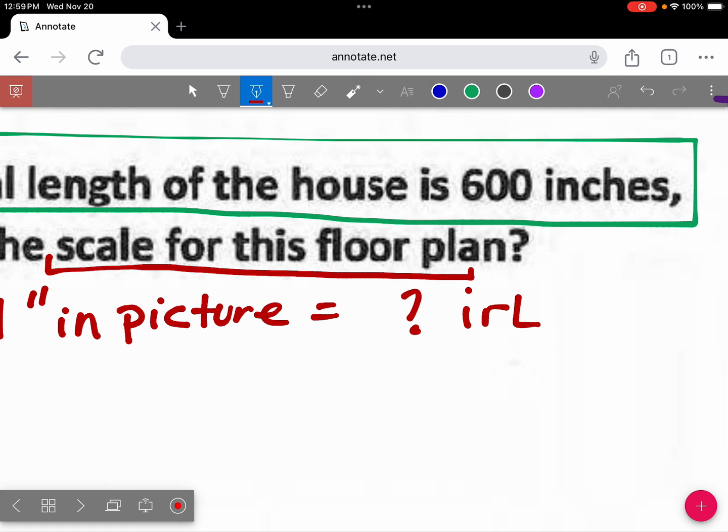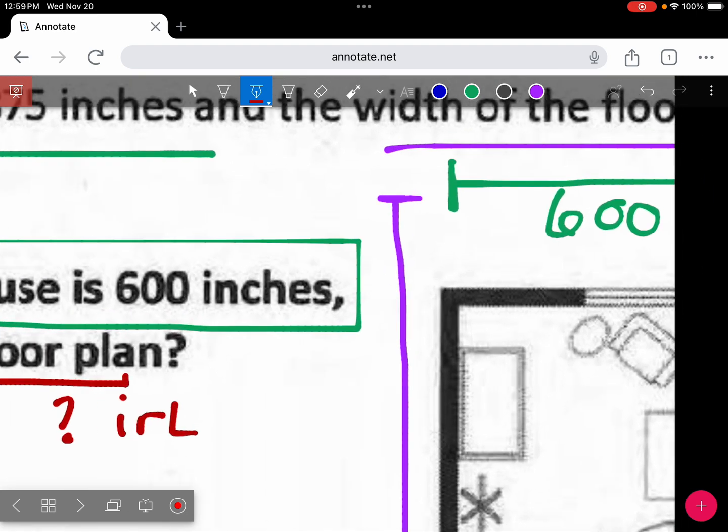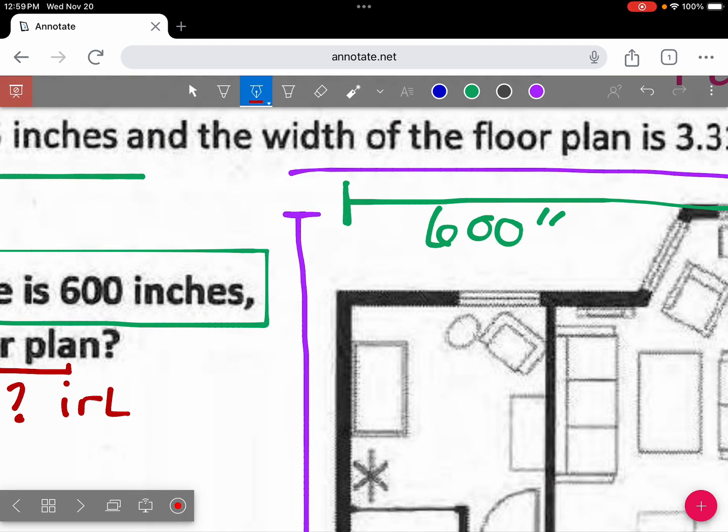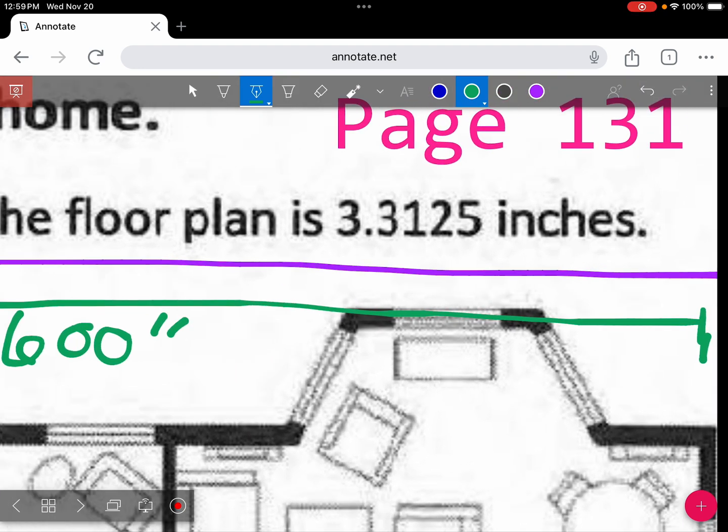So what we know is that that sideways piece, that's 600 inches in real life, is also 2.875 inches on the drawing, right?